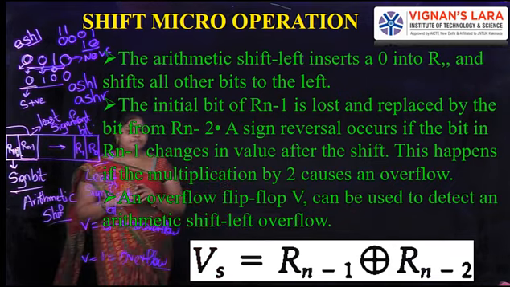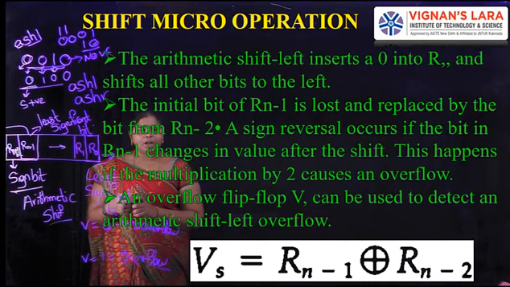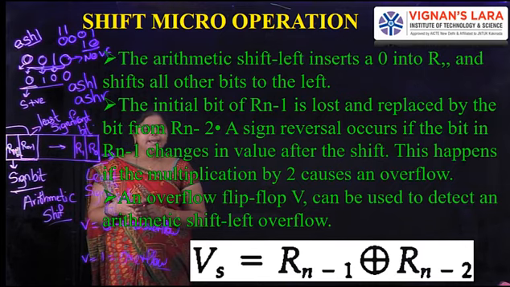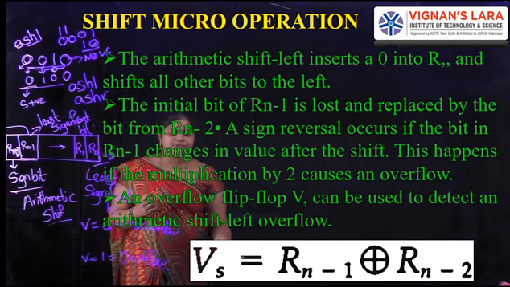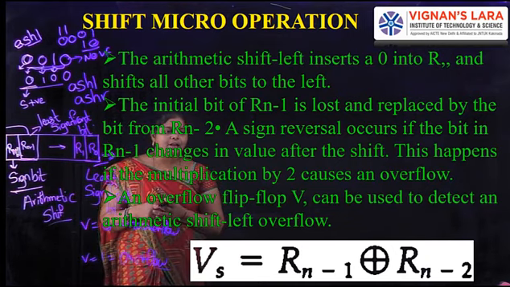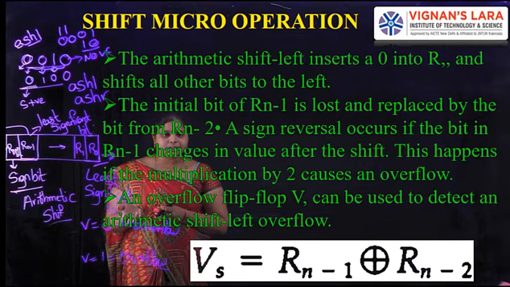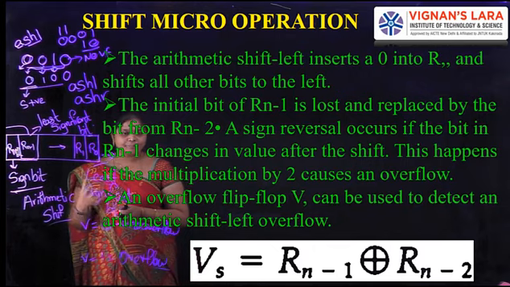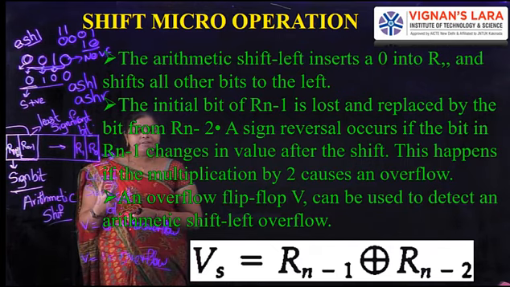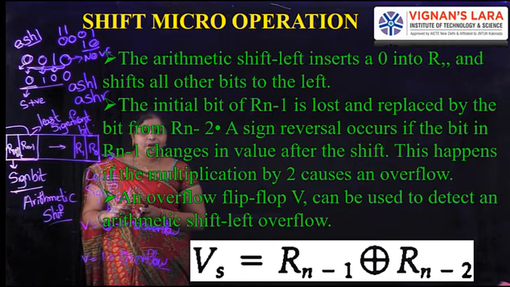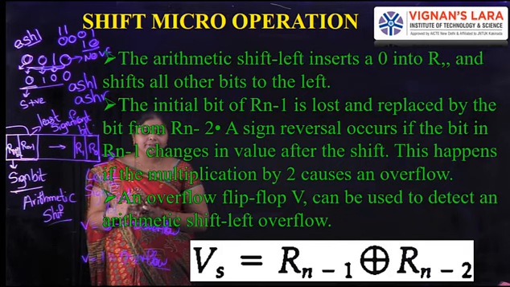In arithmetic shift left, insert 0 into Rn-1 and shift all other bits to the left. For the overflow condition, Vs is equal to Rn-1 exclusive OR Rn-2. If the bits are 0 0 or 1 1, there is no overflow because the bits have the same representation, there is no change. With 1 0 or 0 1 there is a change and an overflow condition occurs.